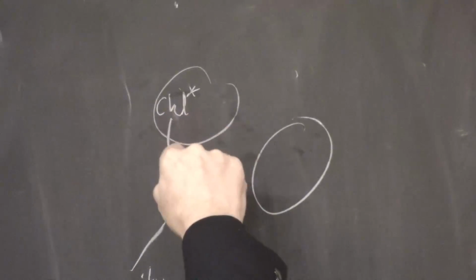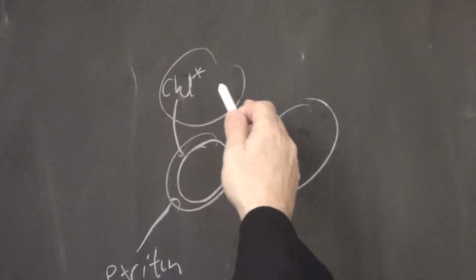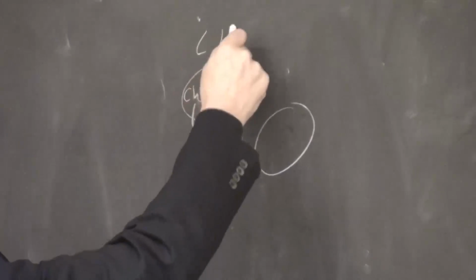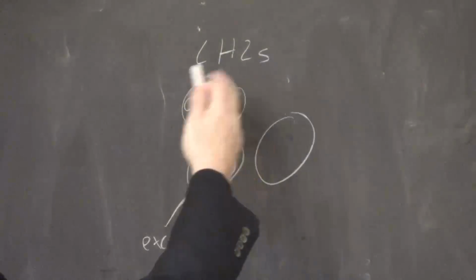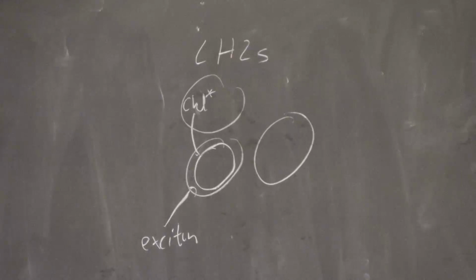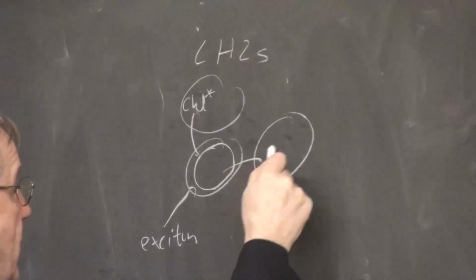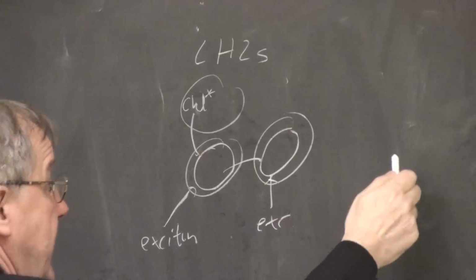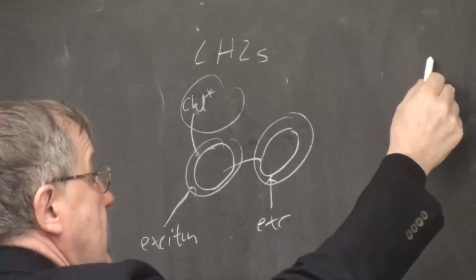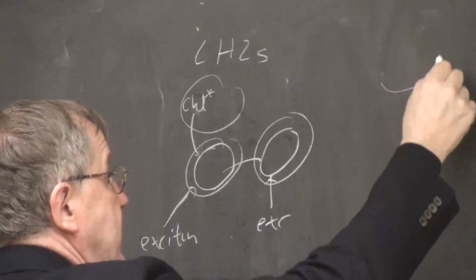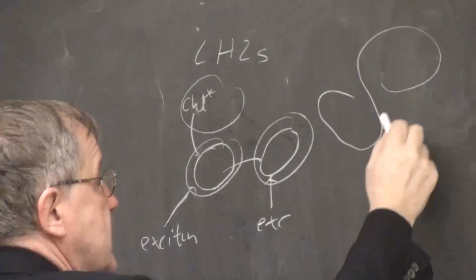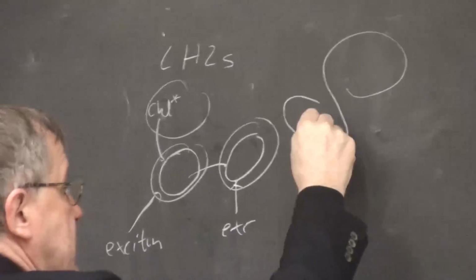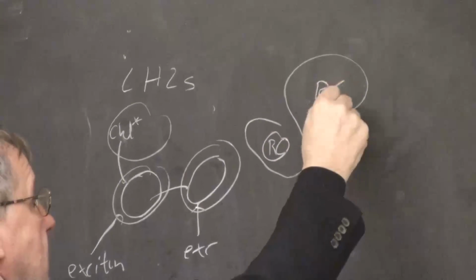So it can happen, of course, in the same molecule, but these are the LH2s, the proteins that contain most of the chlorophylls, and then the exciton can go to this exciton. And then we had here the figure 8 excitons with two reaction centers in the middle.